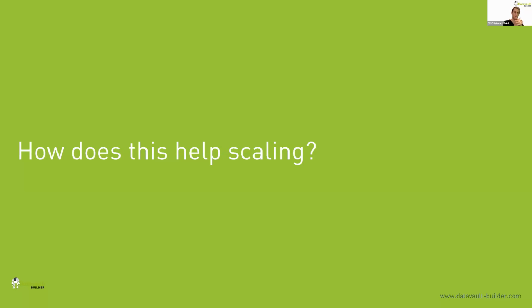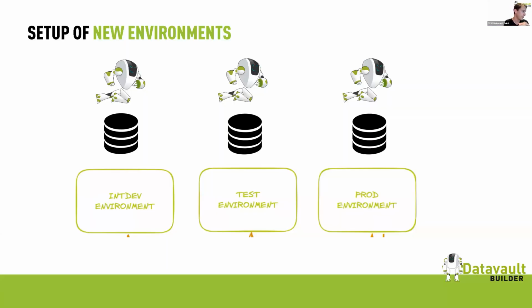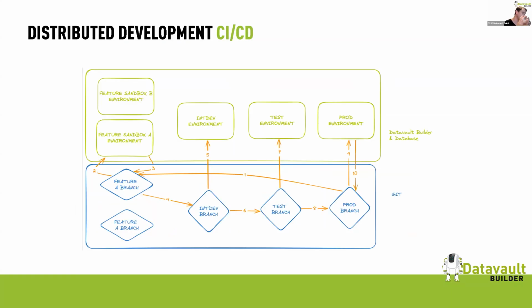Now, why does this help with scaling? Why is it so essential that creating new environments must be as easy as possible? That's because you most often not just have a productive environment, but at least as well a test system and a development system. But in addition, if you want to follow a distributed development approach, you potentially even have more environments.